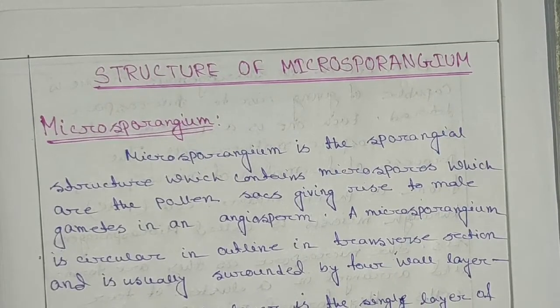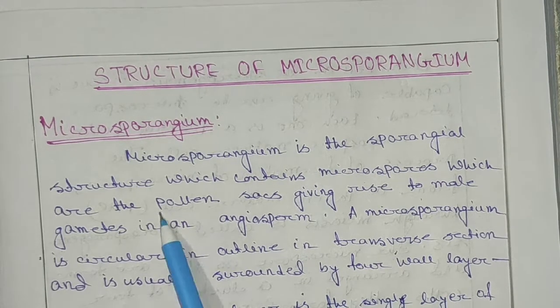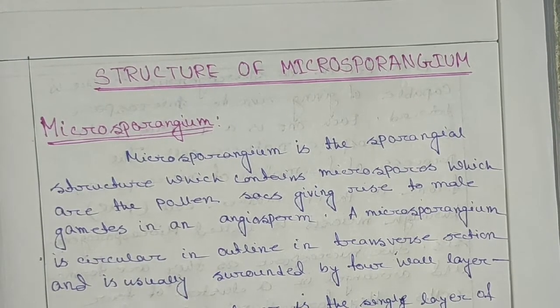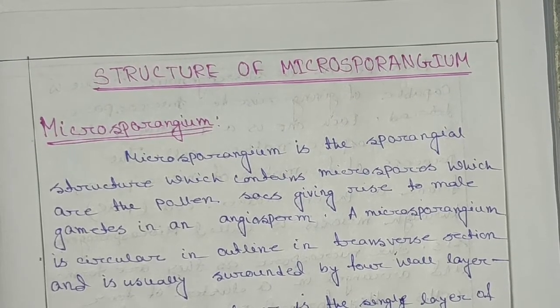Now, the structure of the microsporangium. Microsporangia are the pollen sacs giving rise to male gametes in the angiosperm. Microsporangium is a sporangial structure. Sporangial structure means the cells or structure from where the spores are produced.